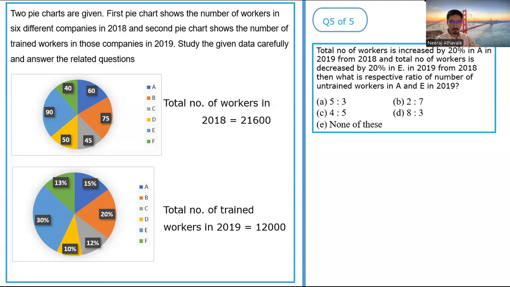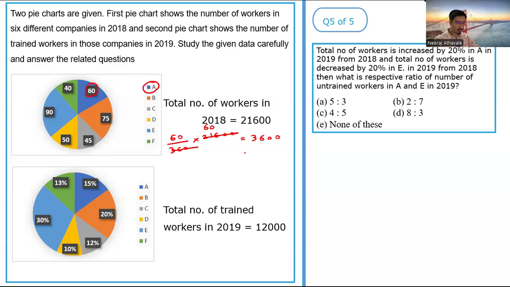Next one. Total number of workers is increased by 20% in A in 2019 from 2018. So we are now talking about company A. So this is 60 upon 360 into 21600. So this is into 60. So this comes out to be 3600.